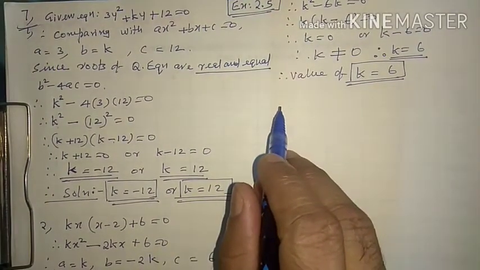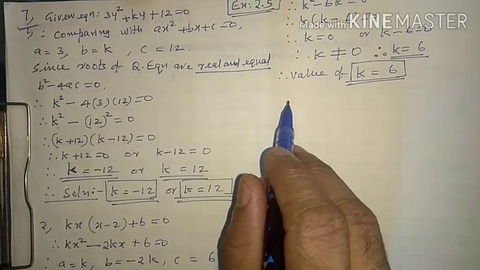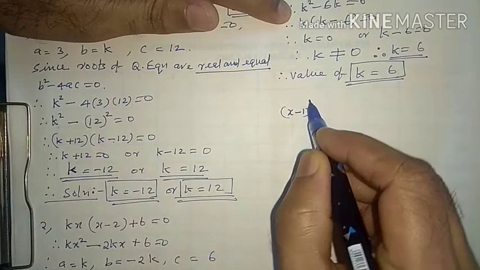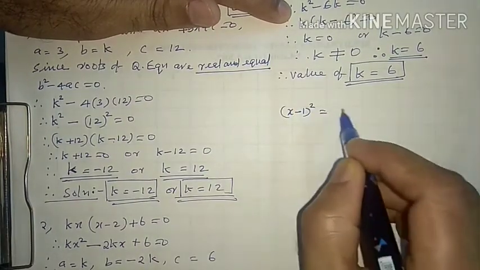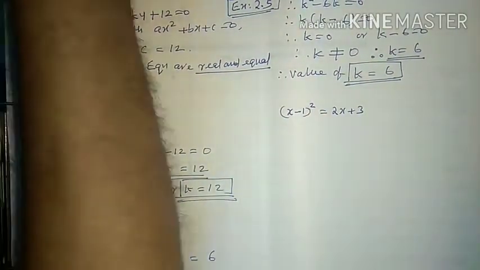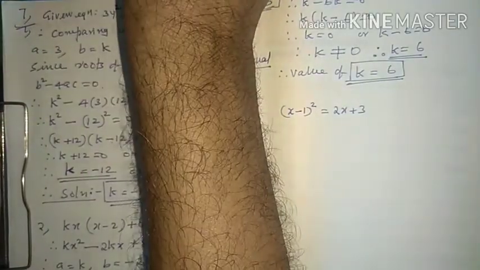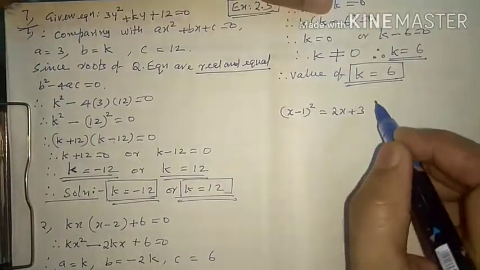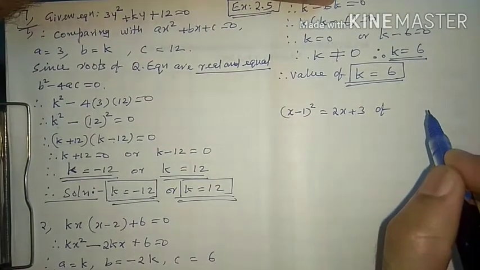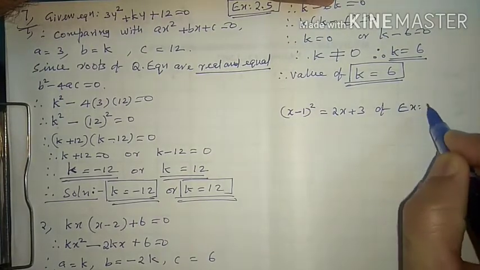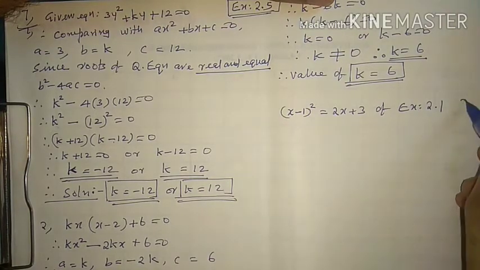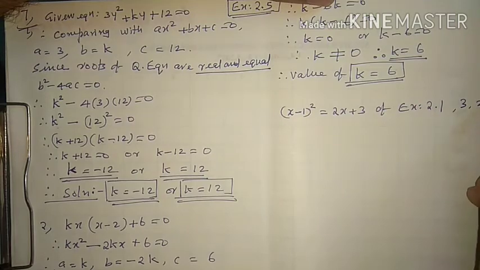Now, one student is having a doubt with this equation: (x minus 1) the square equal to 2x plus 3. This is of the exercise 2.1, question number 3, sub question number 2.